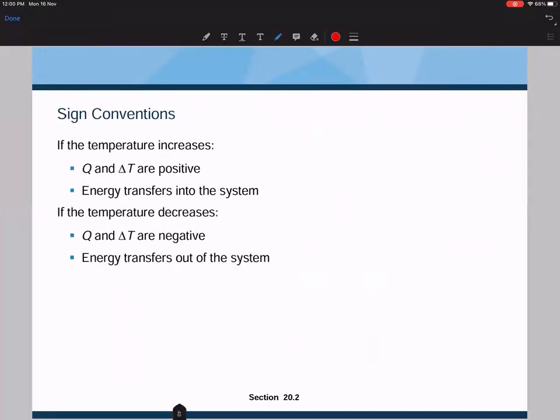And just a summary on the sign convention. If you have a temperature increase, always remember delta T, or any change, is the final minus the initial value.